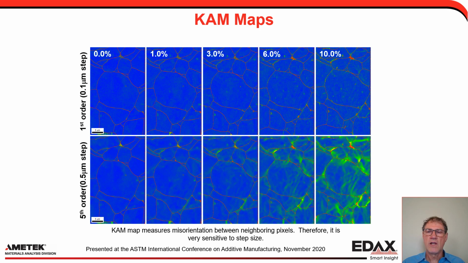Now, if we look at the kernel average misorientation, we don't see a lot, even out to 10%, until we go out to, say, in this case, the fifth nearest neighbors, the fifth order KAM, if you will. And this is a half micron step, and you do see then that we're getting some increased residual strain in our material, as evidenced by the increasing KAM values.